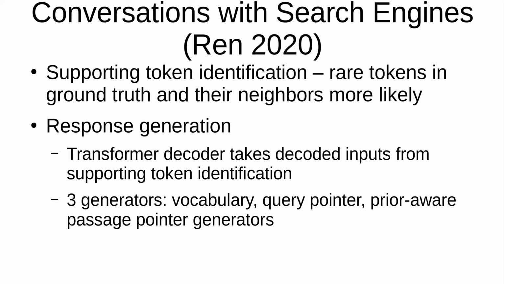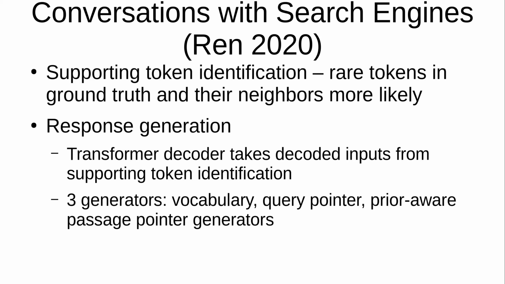They use just a heuristic, building a function from the idea of rare tokens in the ground truth response and their neighbors being more likely to be present in the response answer. Using this, they train the probability of each token being in the response, and they use it.